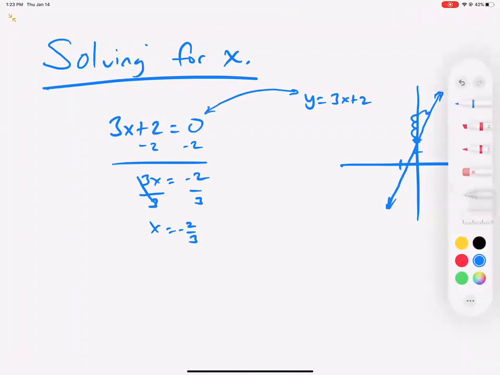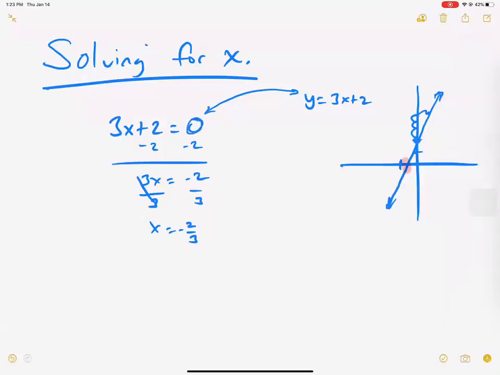Where on this graph would y be 0? Y would be 0 right about there. Now we could look at the graph and guesstimate what that x value would be, but if I set it to 0 like we did right here, x would be negative 2/3. And that's the x value that would make the y value go to 0.